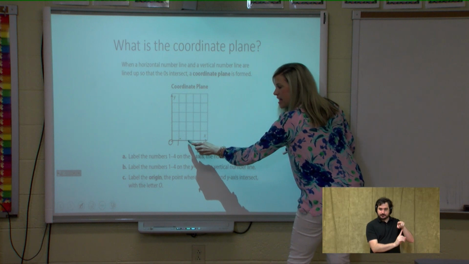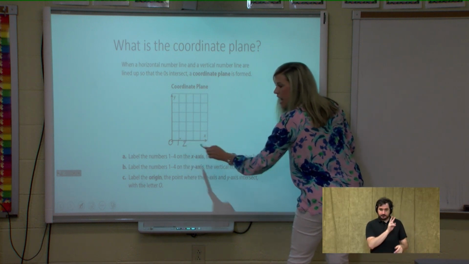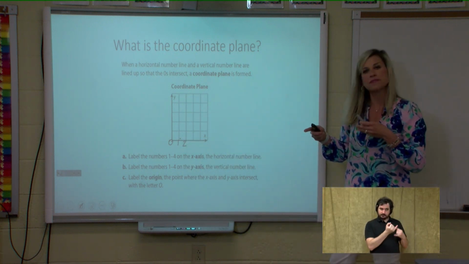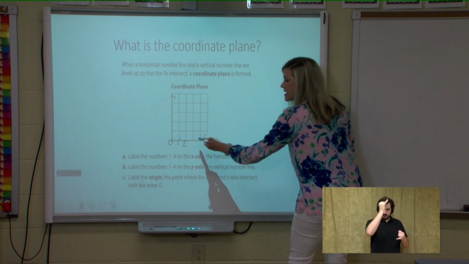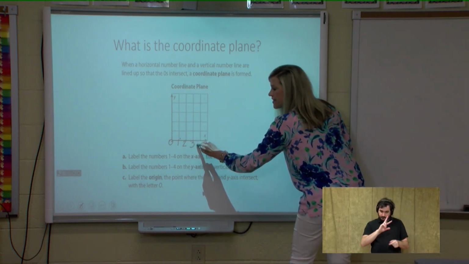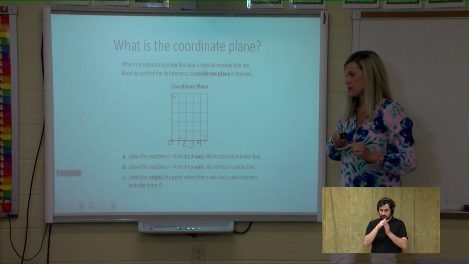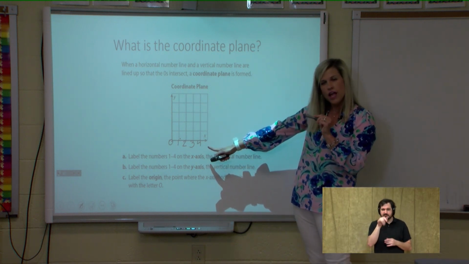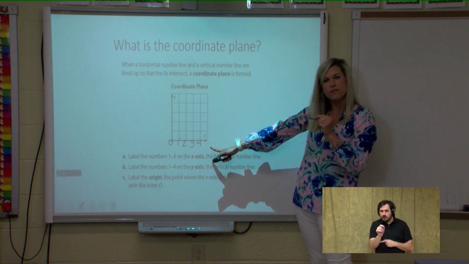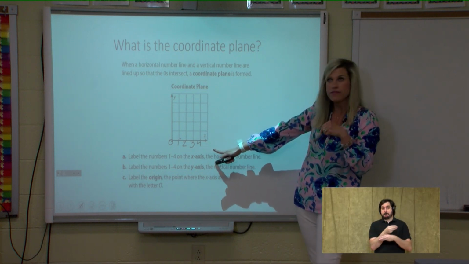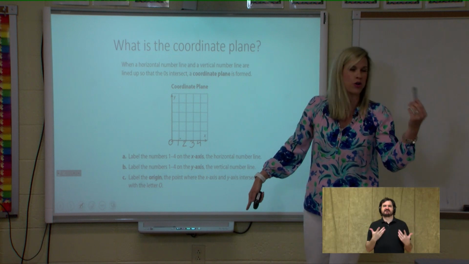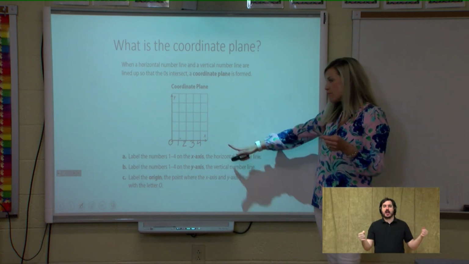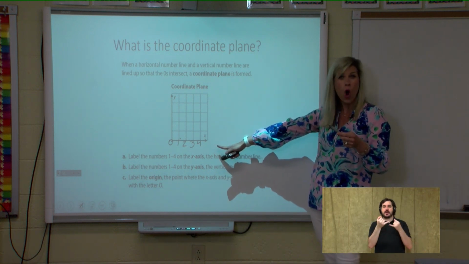Then my next line over is the second line over from 0. Then I have my third and then my fourth. Now, do you notice that little arrow right there? That means in math, and if you've been doing number lines this school year, and if you did number lines in 4th grade and 3rd grade, you notice that number lines have arrows because they go on infinitely.